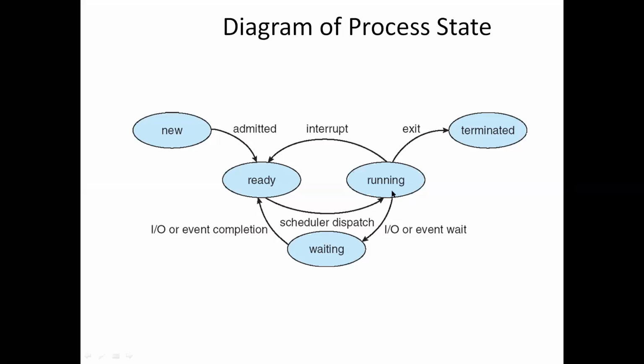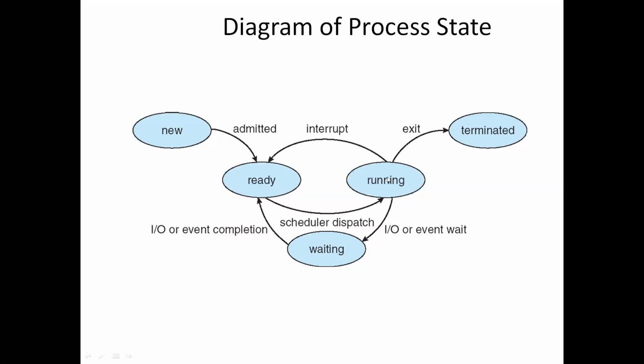Once that IO request is completed, from the waiting state the process will be transferred to the ready state, and again wait for the processor to be assigned by the scheduling algorithms.